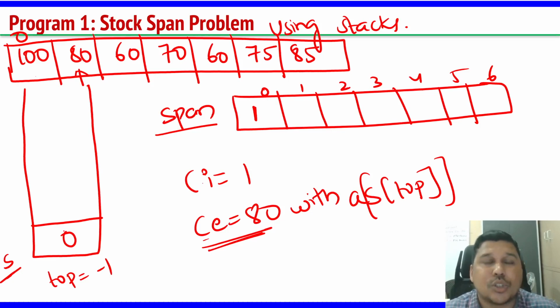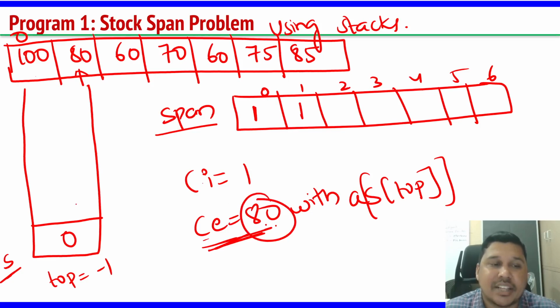What is there in stack top? 0. Array of 0 is 100. You are comparing 80 with 100. Is it less than that? No, it is not less than. So I will put 1 here and insert this element's index into the stack.